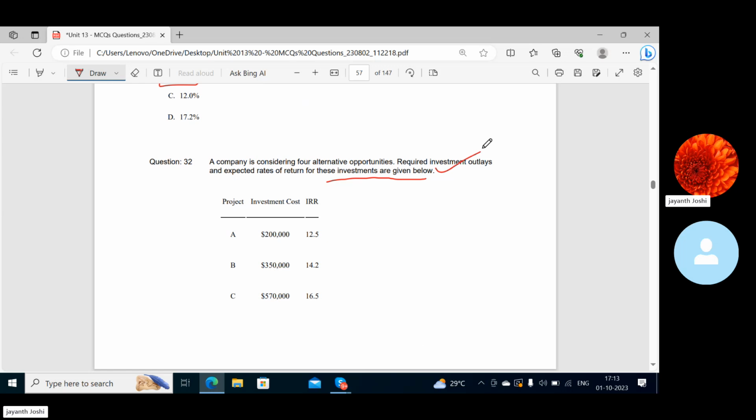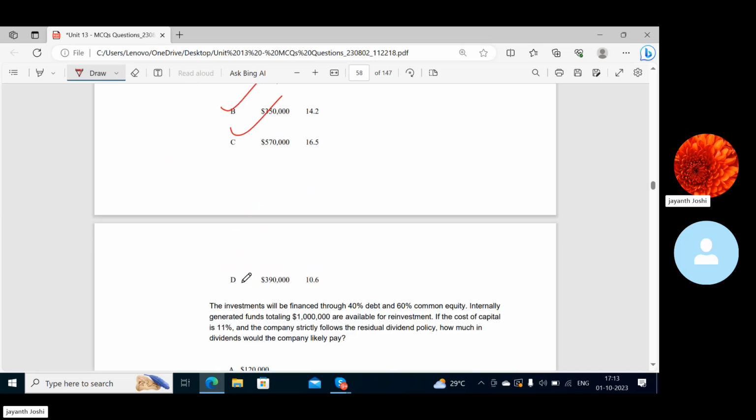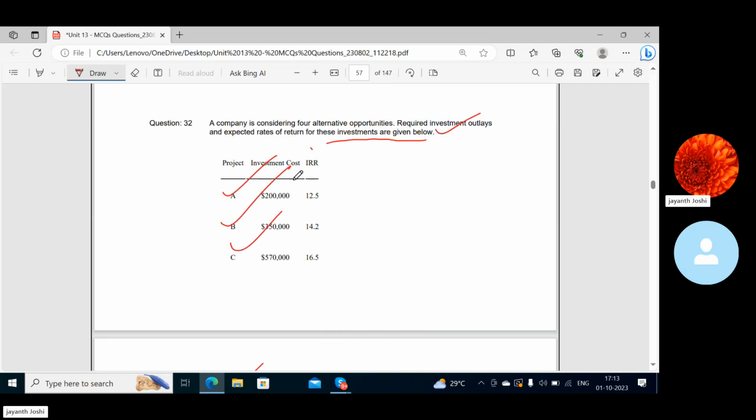They want to take up project A or B or C or D, any of them. The investment cost and the internal rate of returns are given. That means this is the rate at which the project will break even, right?